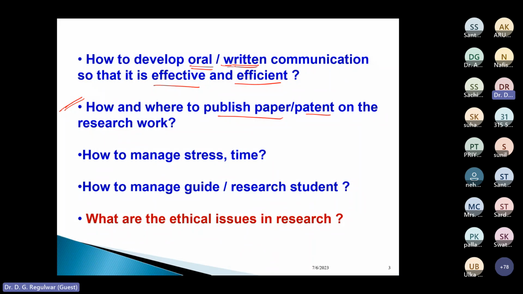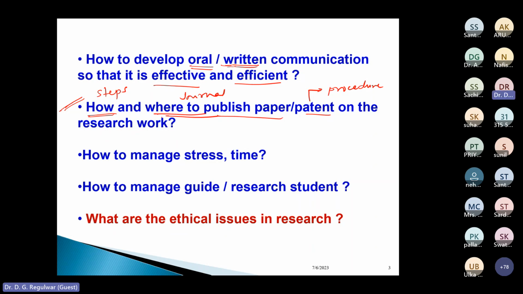How to publish means the steps, where to publish is the journal, and then the patent procedure. These are very important at the beginning. If you know them, it will be helpful for your research work.